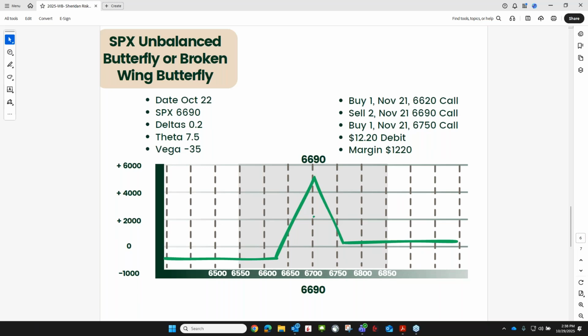But again, there has to be a belief there's going to be some movement, right? Because a reverse iron condor or reverse butterfly is negative theta. What does that mean? Time decay is going against you. Every day we don't move, you're losing money. And that could become a problem.